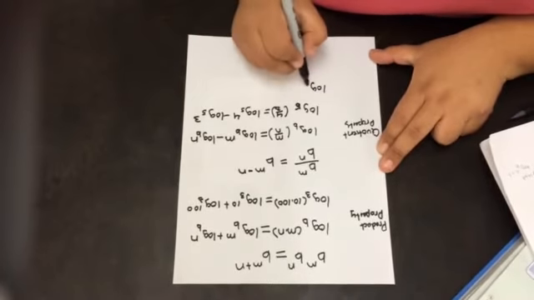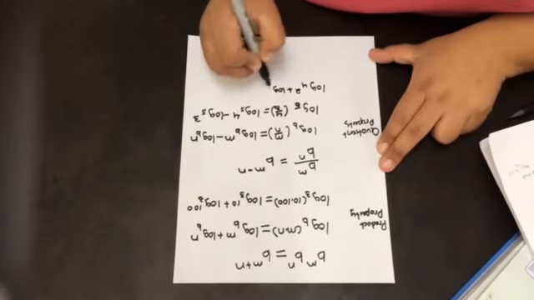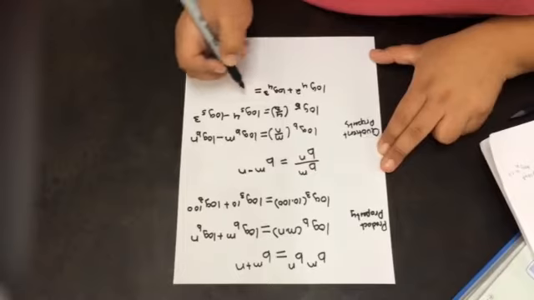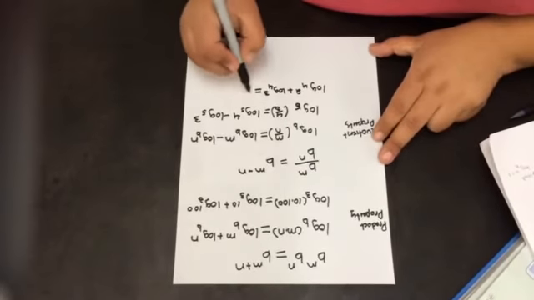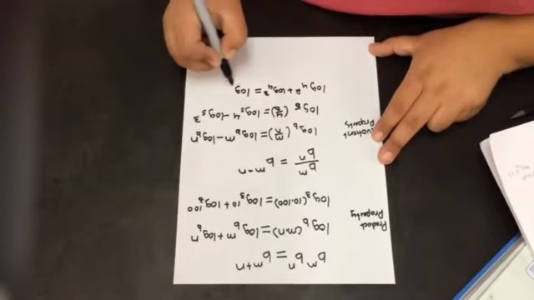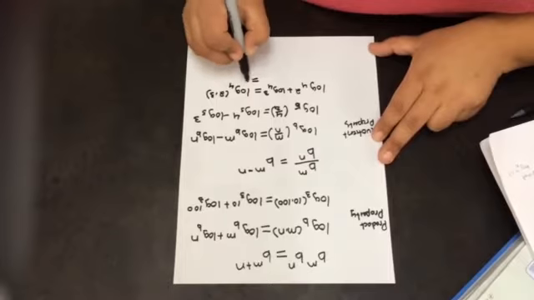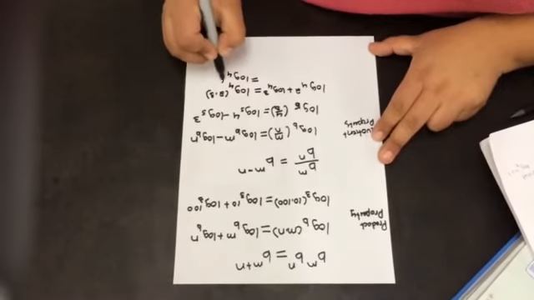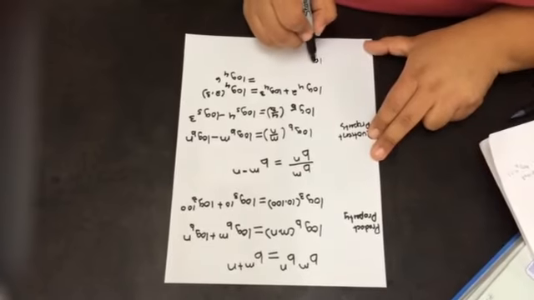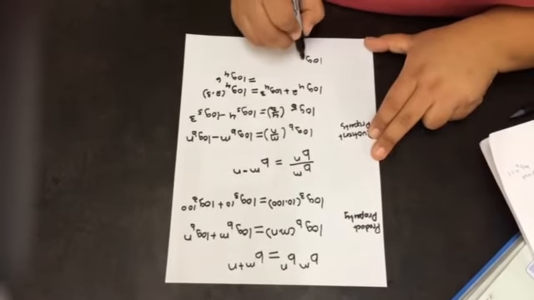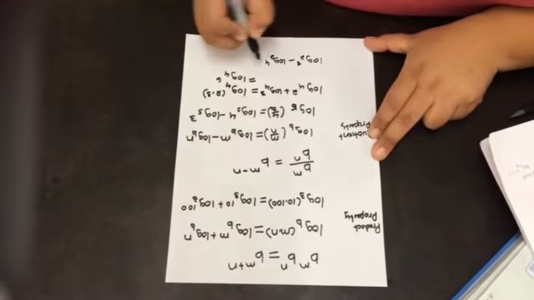Let's say that we had log base 4 of 2 plus log base 4 of 3. We can turn it into a single logarithm by writing it as log base 4 of 2 times 3, which is the same thing as log base 4 of 6. Now, what if we had log base 2 of 8 minus log base 2 of 4?